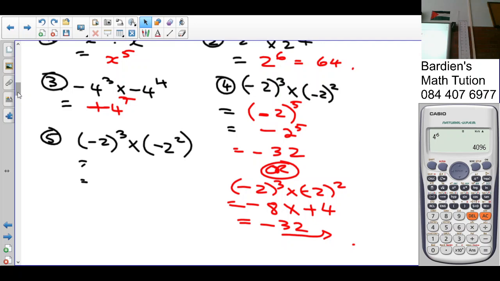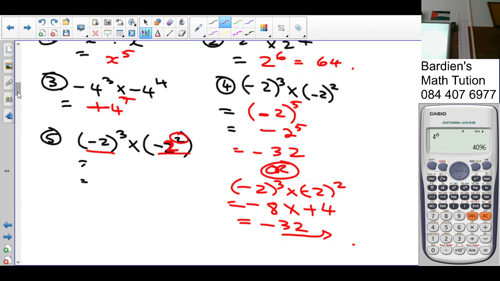Okay, so let's look at number 5. Are the bases the same? For those of you who say yes, how do you get the bases to be the same? What is the base for the first one? Negative 2. What is your base here? It's only 2. Why? Because that square is only on the 2.